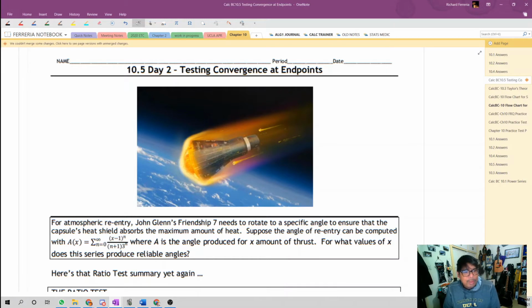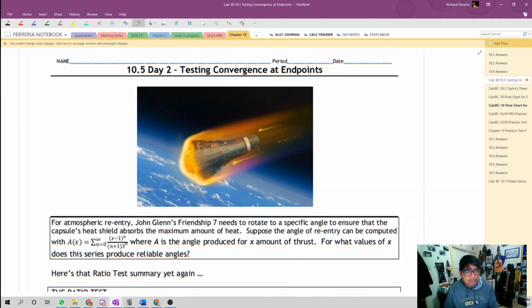So for atmospheric reentry, John Glenn's Friendship 7 needs to rotate to a specific angle to ensure that the heat shield captures the maximum amount of heat. Otherwise, well, it's goodbye Friendship 7. So suppose the angle of reentry can be computed by this series, A equals the sum of (x minus 1) to the n over (n plus 1) multiplied by 3 to the n, where A is the angle produced by x amount of thrust.